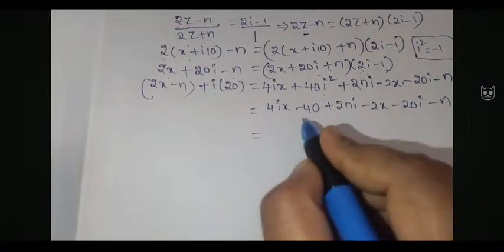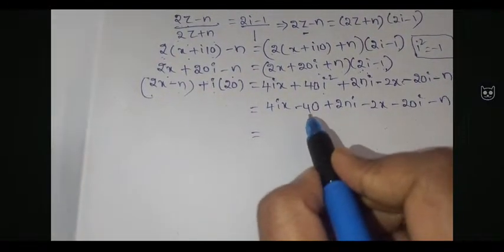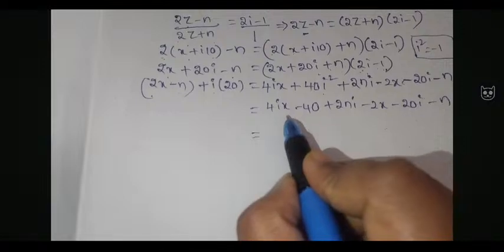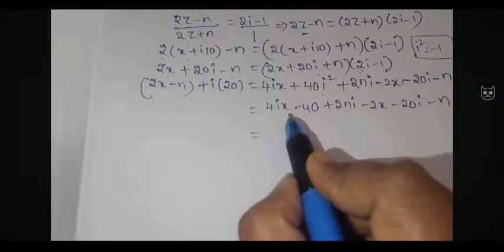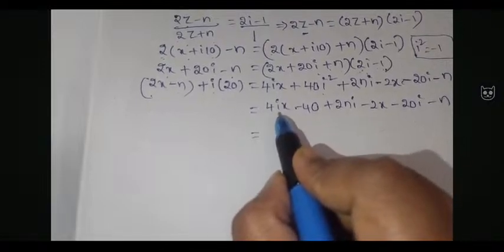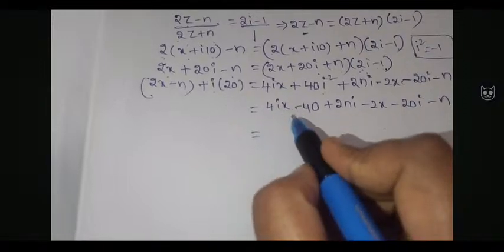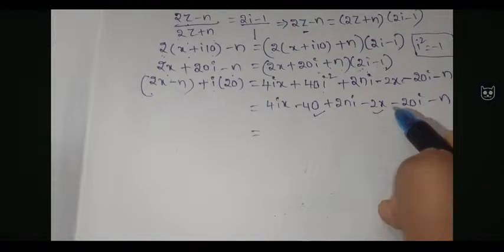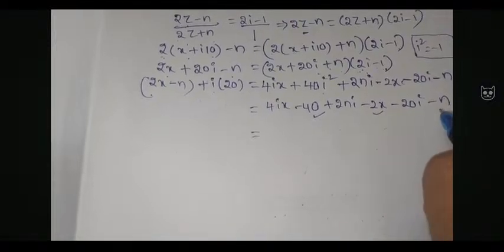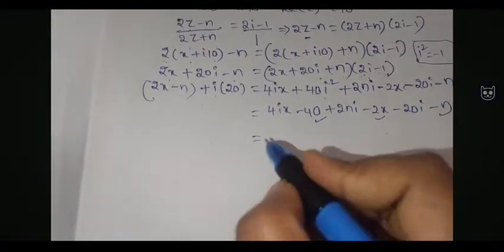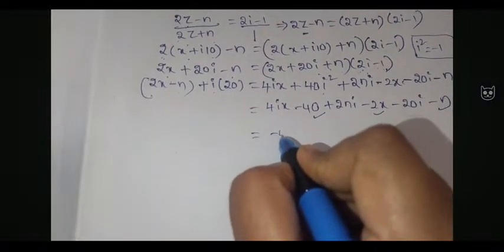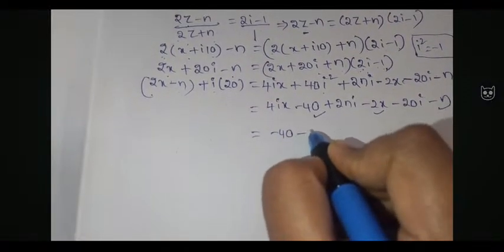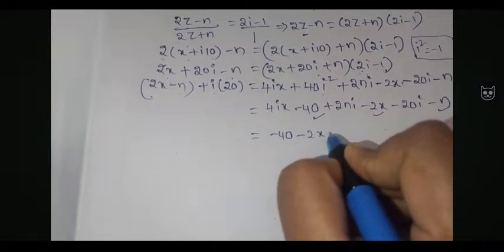Now again separate real and imaginary here. If there is no i, it is real; if it has i, then it is imaginary. So first the real terms: minus 40, minus 2x, and minus n. Write it as minus 40 minus 2x minus n.